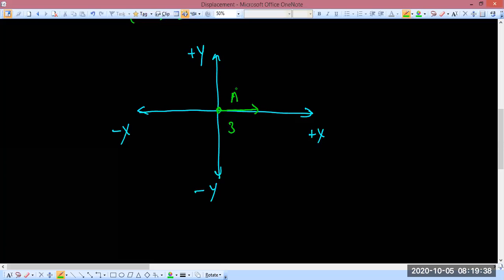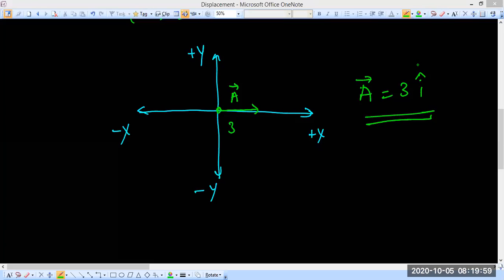Let's call this a vector. Then first of all, do you all understand that this a vector should be called 3 i caret? Yes or no? Okay, very good.